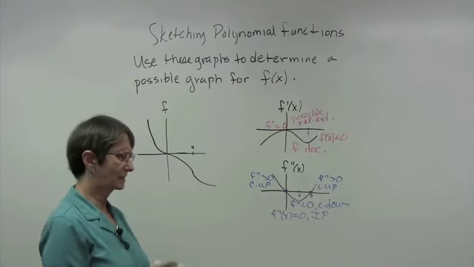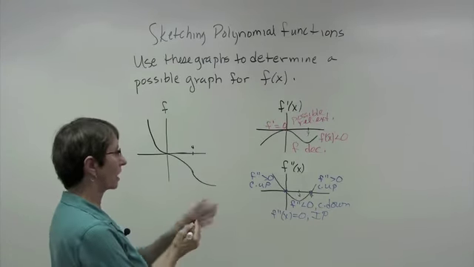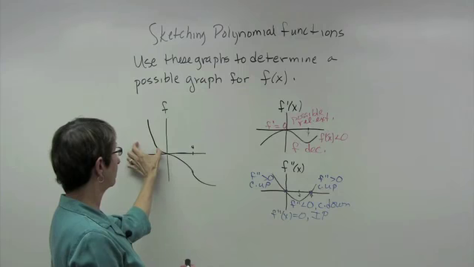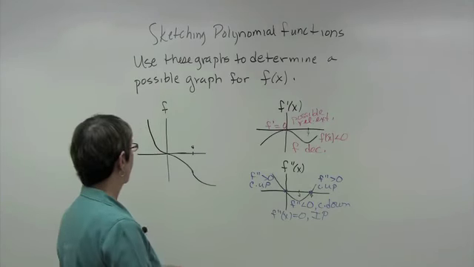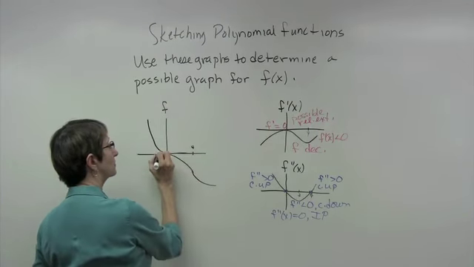So let's go back and look and see if this makes any sense with it all up here. Function always decreases. It's concave up to the left. It's got a 0 here, so this should be a little bit flatter in the middle here so that we have a horizontal tangent. That is a point of inflection.